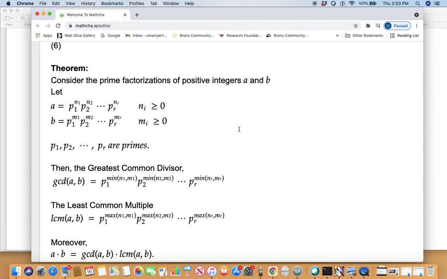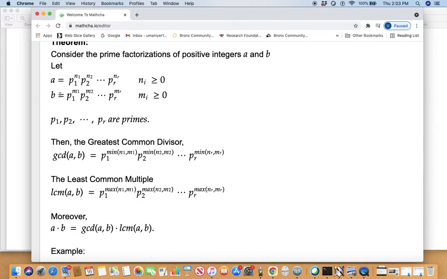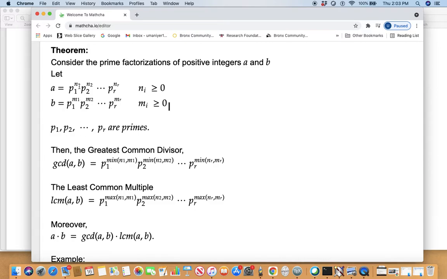Then what can we say? Once you have the prime factorization, how do you obtain the GCD? Well, you know many methods, but here is a theoretical method: take the minimum of the powers of the primes. That is the GCD.